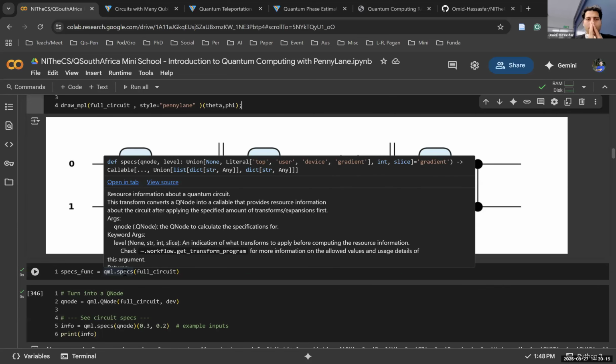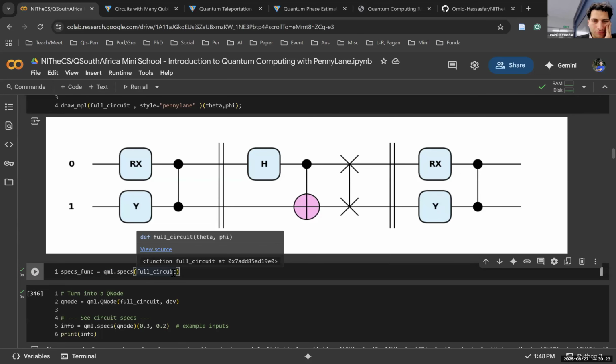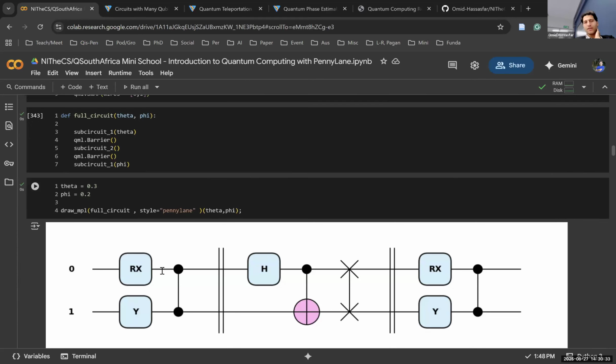If you use qml.specs, you can get a lot of information about your circuit. So I just define another variable, specs_func, with qml.specs, and I use my full circuit, which I defined here.